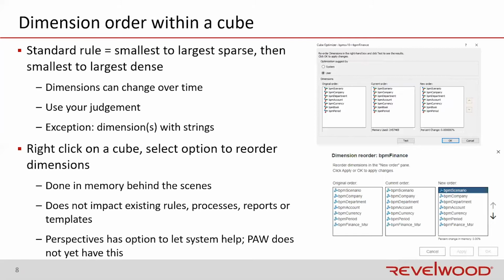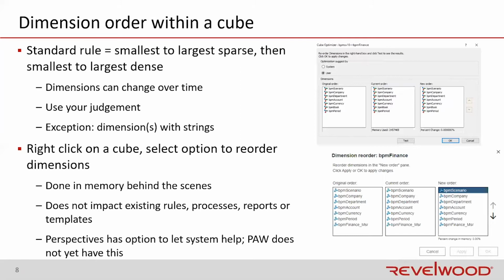It doesn't impact your processes, your Excel reports, your web templates, your PAW screens, pieces like that. Nothing will be impacted. So it's not something where you have to worry about reordering a dimension being a major endeavor. Reordering your dimensions gives you the ability to optimize your behind-the-scenes database. For those of you familiar with relational tools, it's the equivalent of indexing your SQL database. And the way that you do that is you simply right-click and you reorder your dimensions.